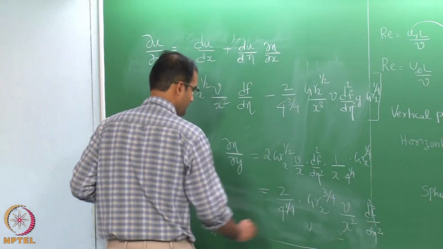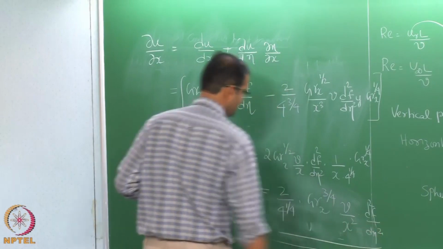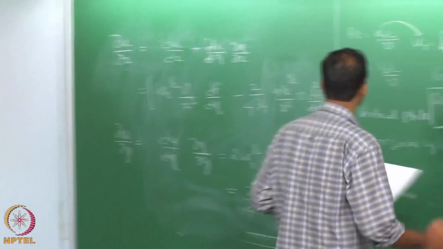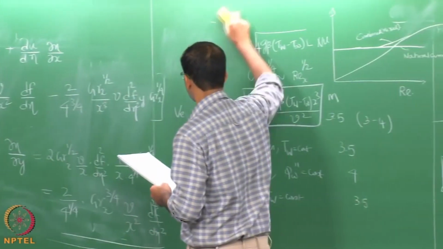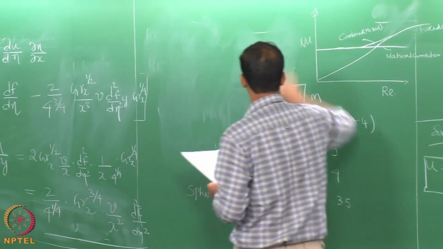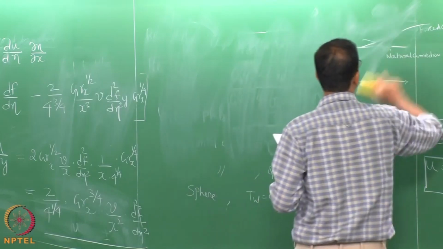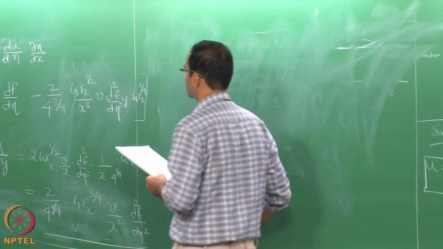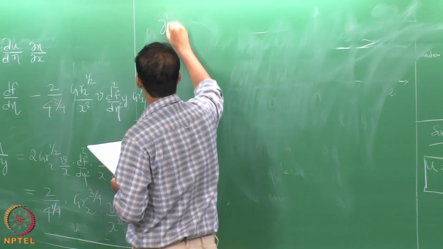Okay. So, we can also find out the second derivative of velocity with respect to y. So, d square u by dy square.